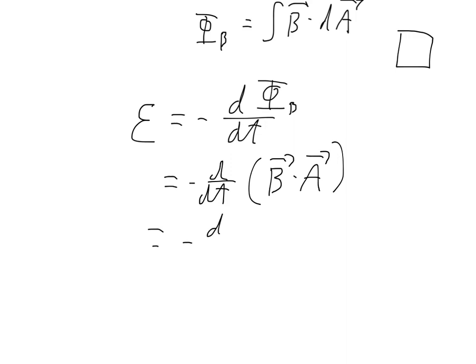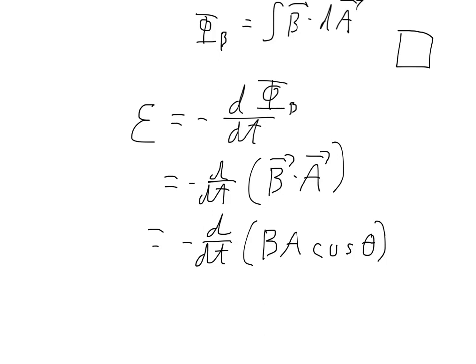So we have the negative time derivative of the magnitude of the B field, the surface area, the size of the loop, and the angle between the loop and the magnetic field.